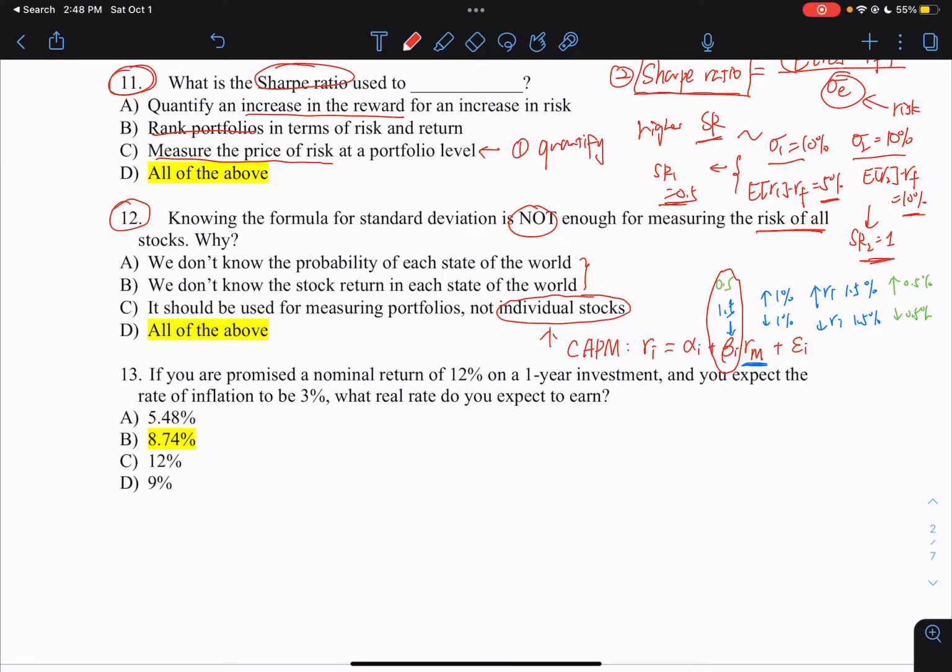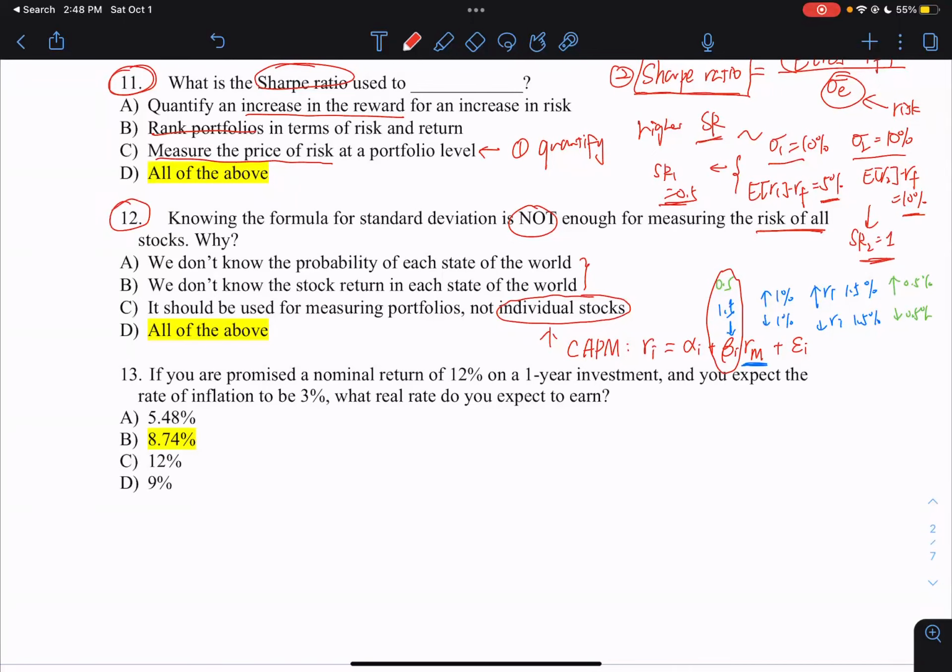No, I'm just thinking about the logic of this question and the answers. So basically, the formula for standard deviation is not the beta.